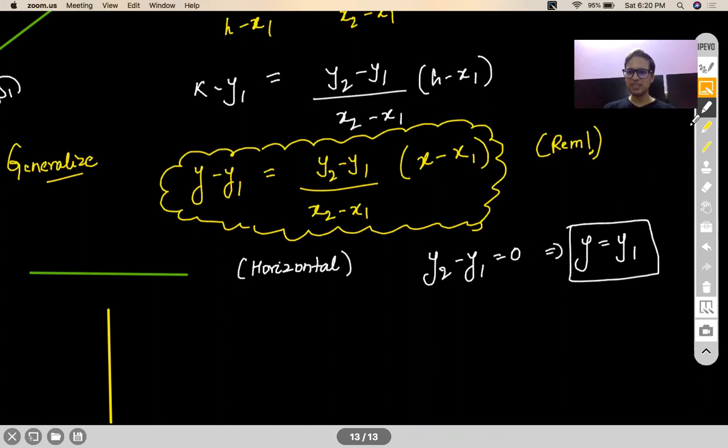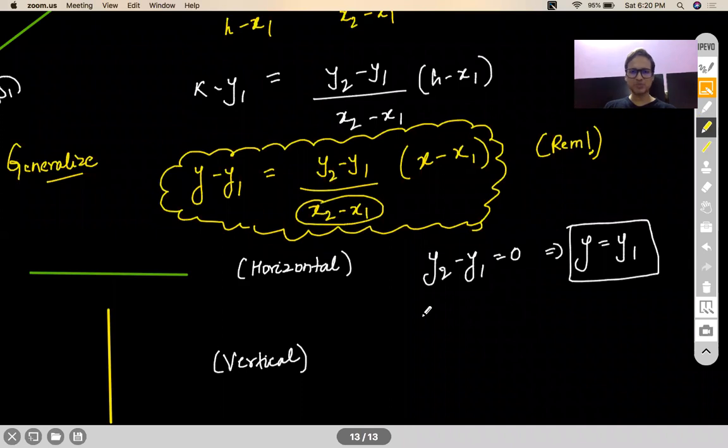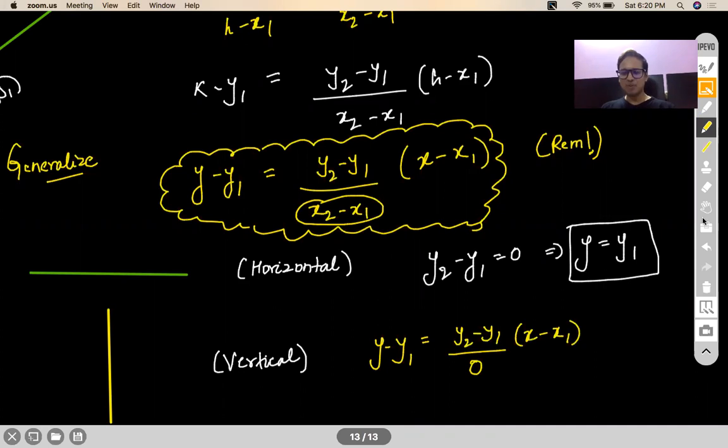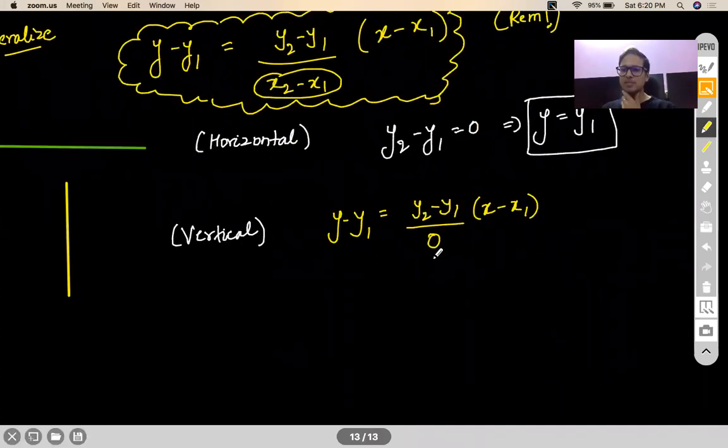If you're dealing with a vertical line, remember one important thing. This term in the denominator will become a 0. So it will look like this. All of you please pay attention. Now many people say, oh my god, sir, this is an undefined expression. How are you writing the equation like this?